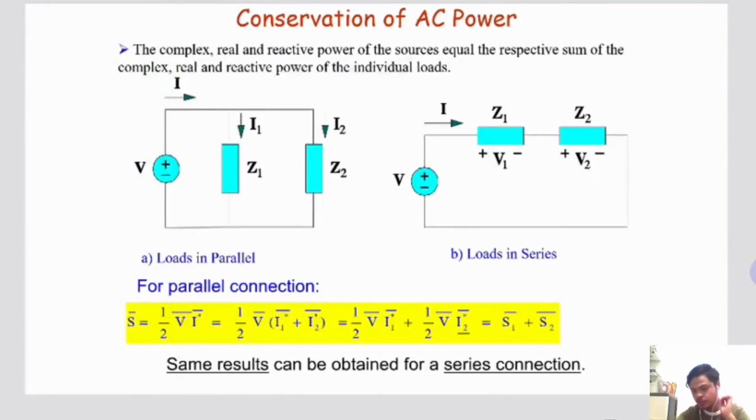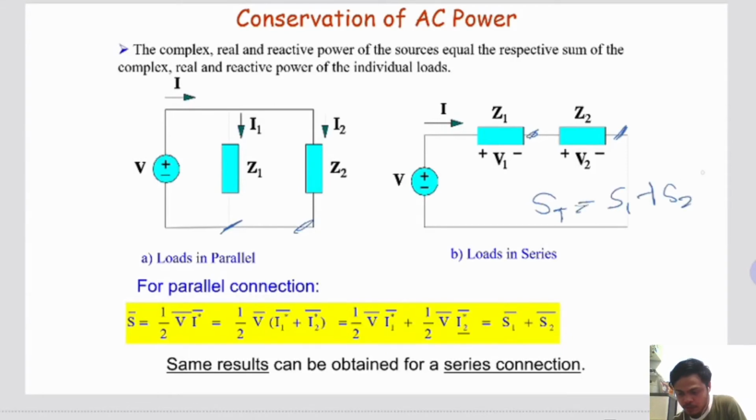So next we have the conservation of power. The complex, both real and reactive power of sources equals the respective sum of the complex powers of the individual loads. So this can be either in parallel or in series form. Take note always that complex power, or S total, is the sum of the individual complex power of each element in the circuit.